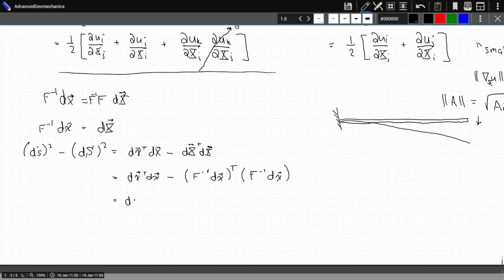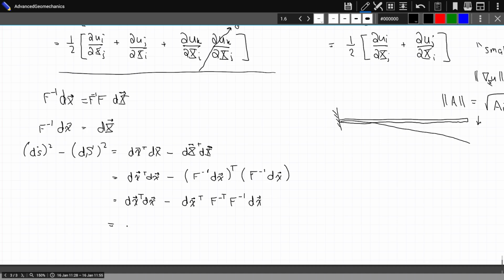Same rules apply. We can distribute the transpose, but now we have the inverse transpose, and then we flip the order. I'll just write it out. So now we have dx transpose F inverse transpose times F inverse times dx.